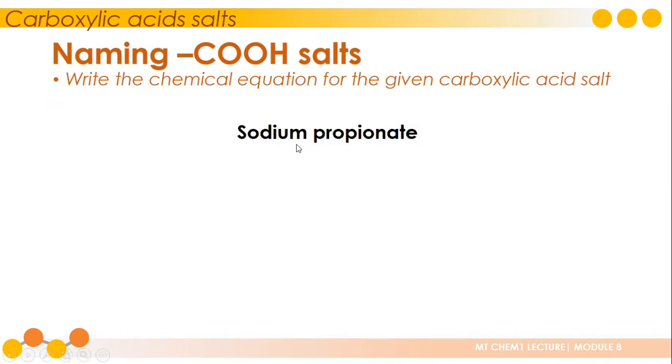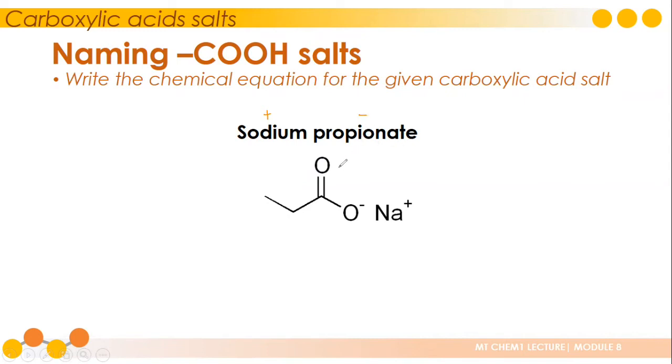For the first one, let's try to look for the possible reactants that produce sodium propionate. This is the structure of sodium propionate. Again, the positive ion here as shown in our structure is the sodium, and our negative, of course, is our carboxylate ion, which is our propionate.